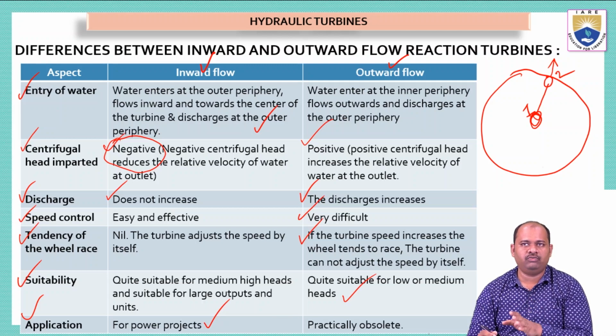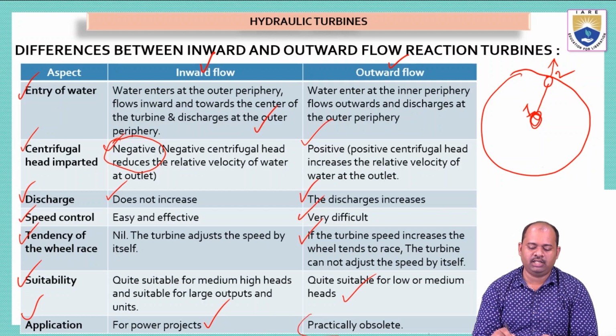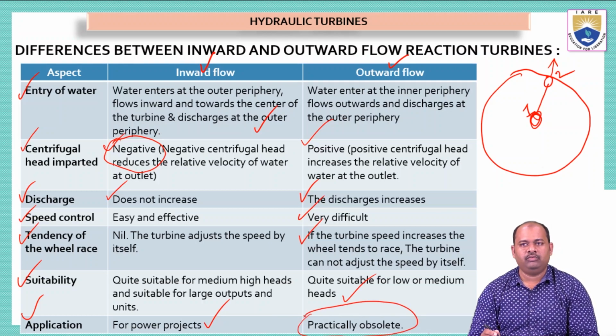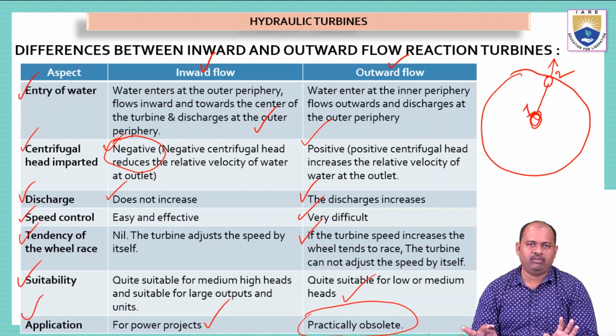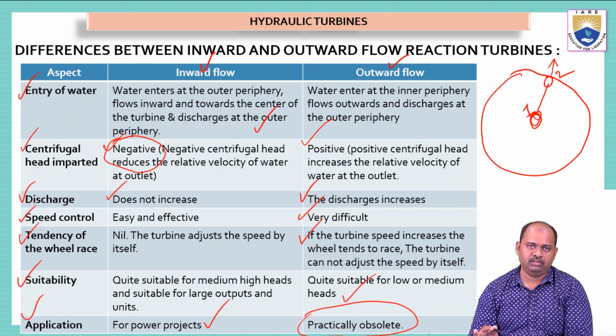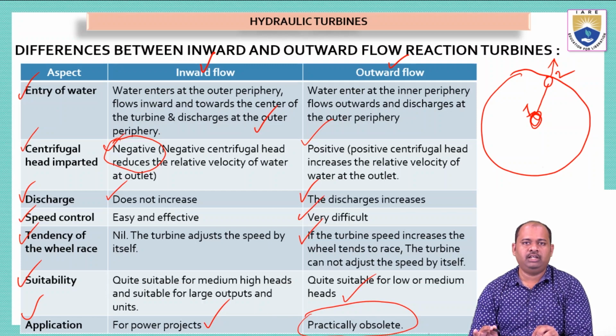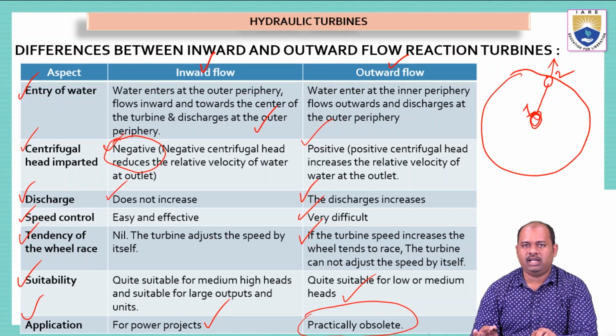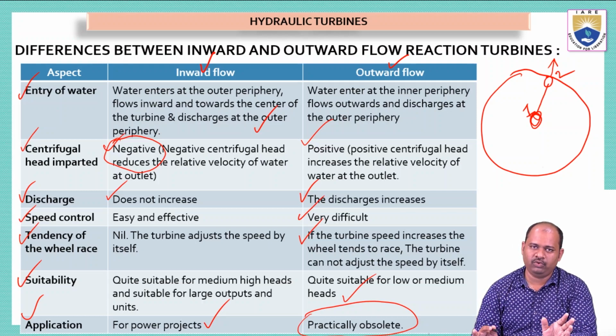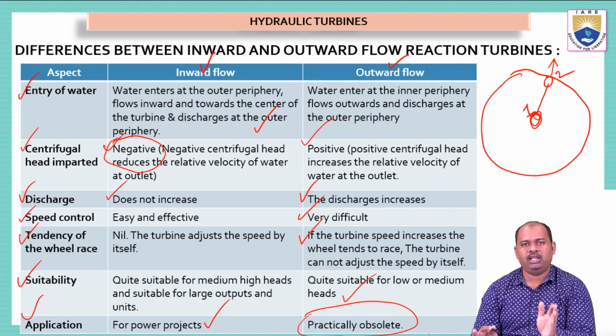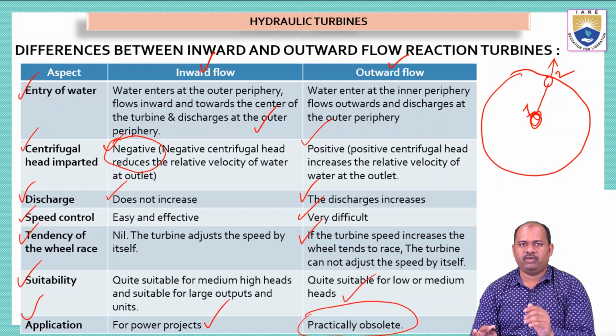Now, when we come to outward flow reaction turbines, these are practically obsolete, which means these were once developed when we didn't have practical knowledge of outward flow reaction turbines. Someone thought differently, while one person had invented inward flow reaction turbines, the best example of reaction turbines working very finely.